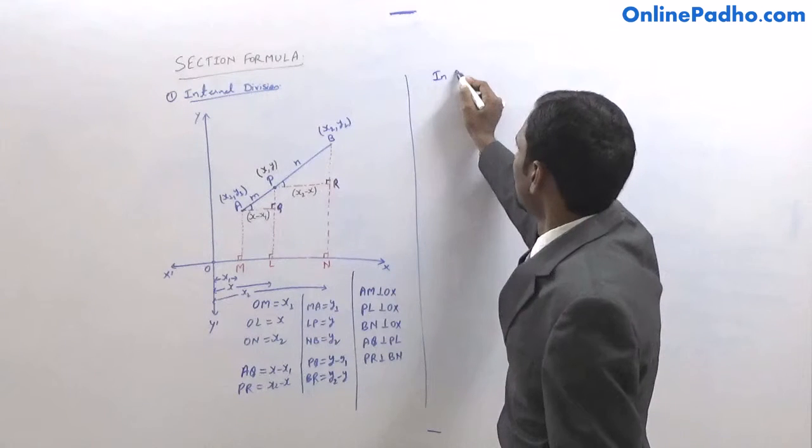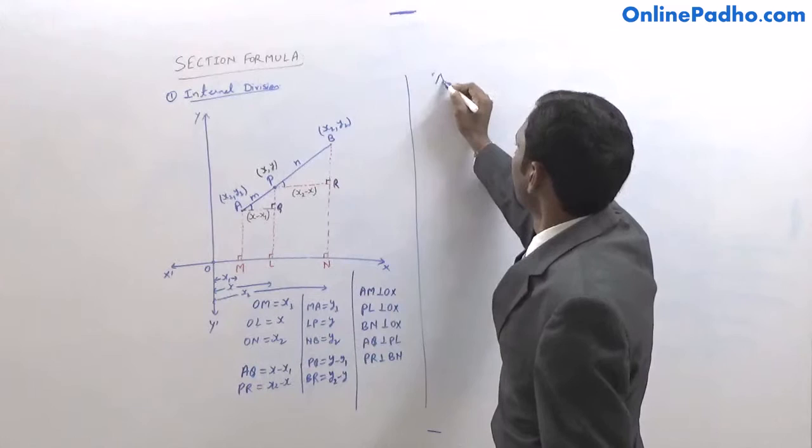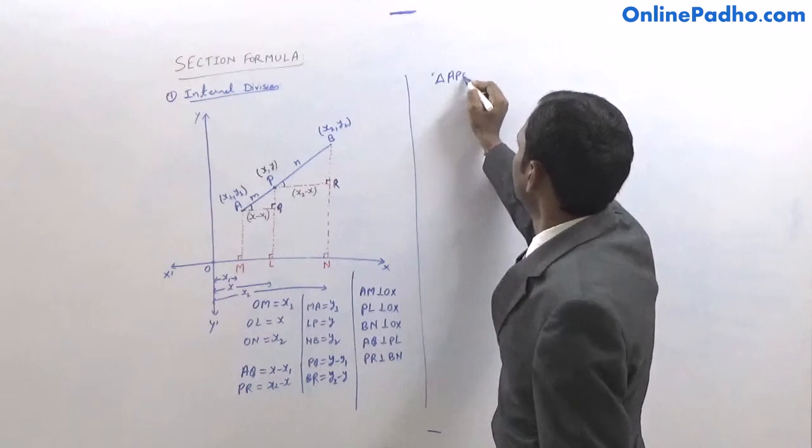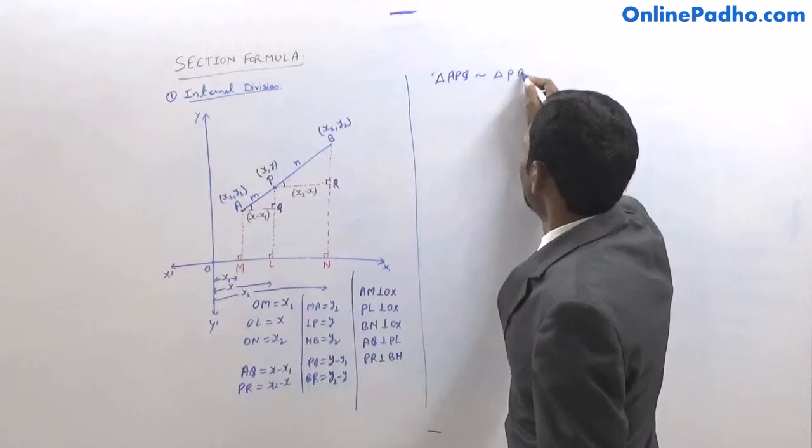triangle APQ is similar to triangle PBR.